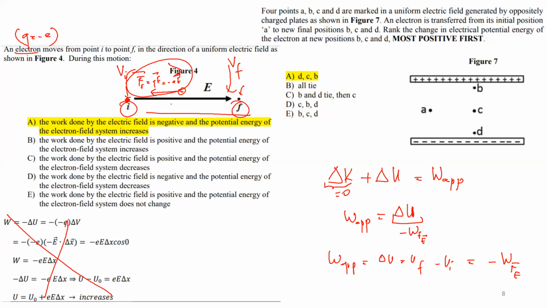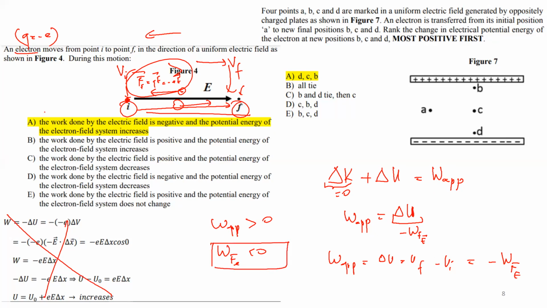Of course, the work that I apply is positive. Do you agree with that? Look at the displacement. The displacement is in this direction, and I apply a force in the same direction. So the work applied is positive. That means that the work done by the electric field is negative. The displacement is in this direction, and the electric force is in the opposite direction. So the work done by the electric force is negative.